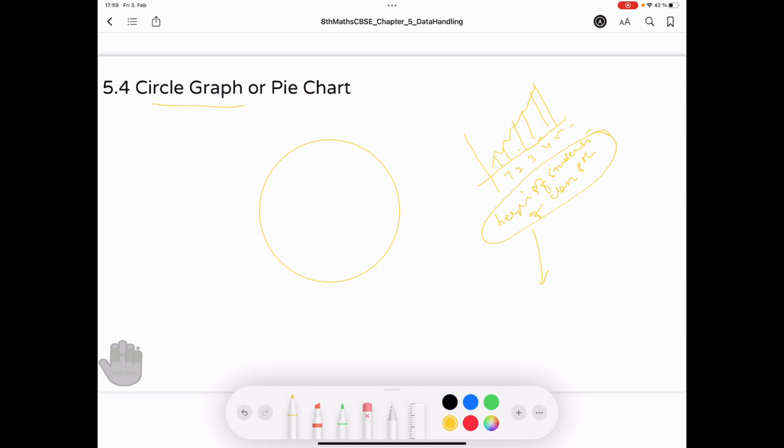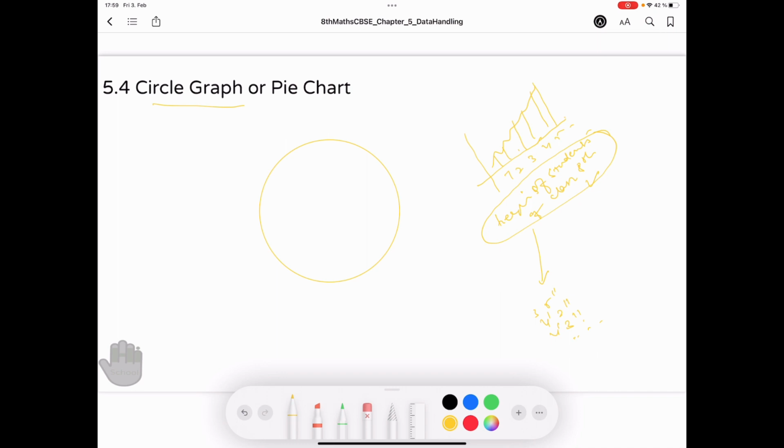Say 3 feet 5 inches, 4 feet 2 inches, 4 feet 3 inches, and so on. So in any graph we represent multiple values of a quantity or multiple values of multiple quantities. That's what we graphically represent in a graph.